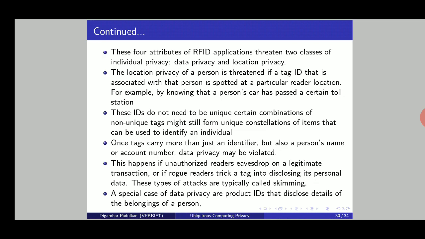For example, by knowing that a person's car has passed a certain toll station, means identifying the name of that person and disclosing that information. Definitely this is breaching a law, or this is the threat.